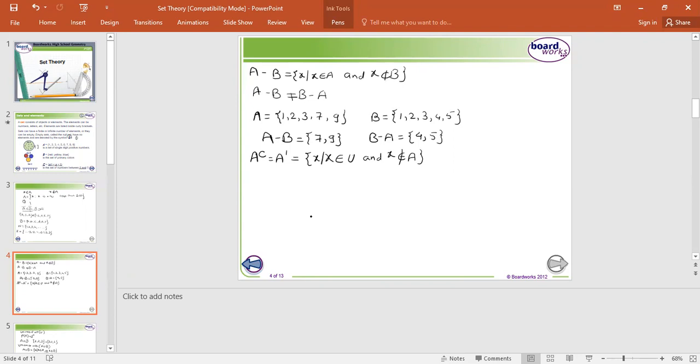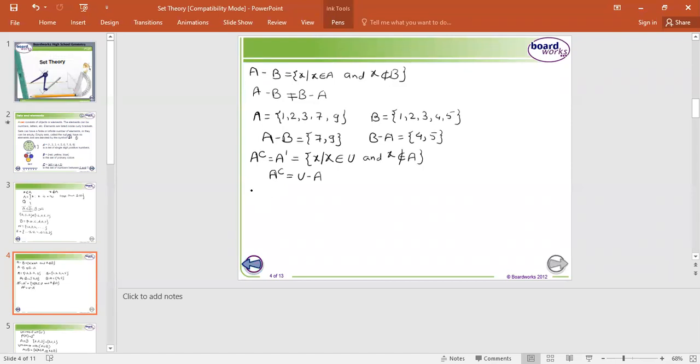First X belongs to the universal set, but X does not belong to A. So how do you denote this? A complement is U minus A.